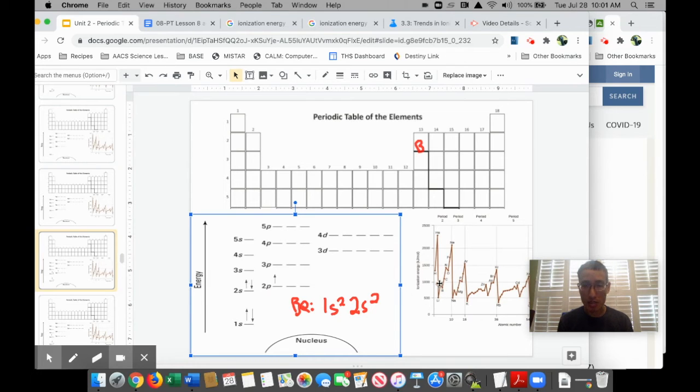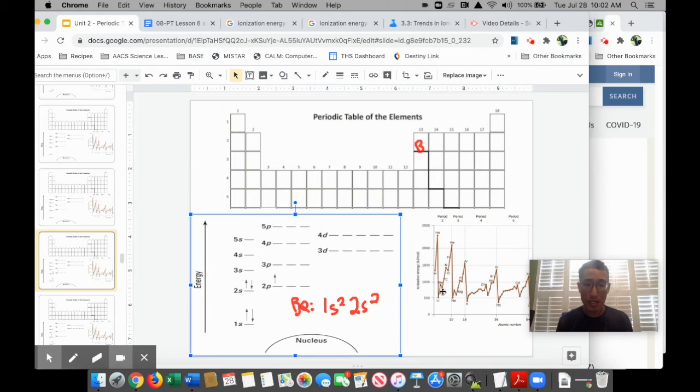Beryllium is here. The 2s is now filled, so it is more stable. But as I start entering electrons into the 2p orbitals, it's a little easier to remove them because it's not as stable. So the 2p is filled in.